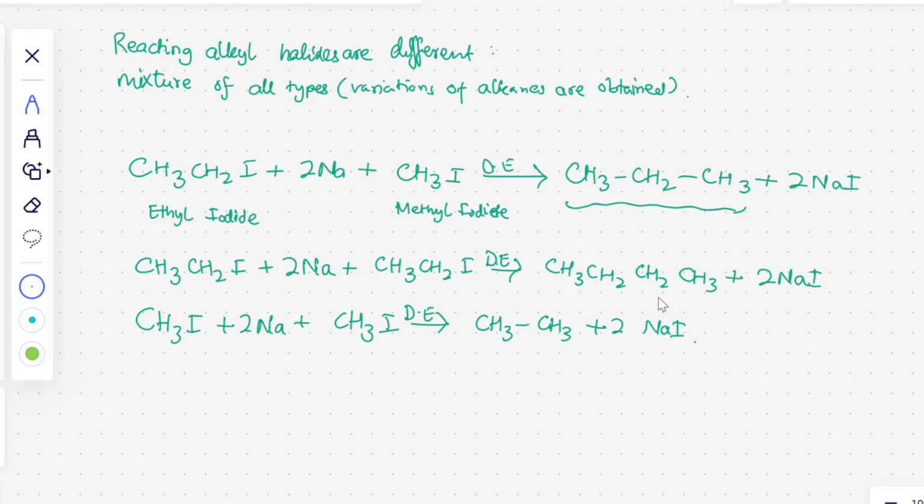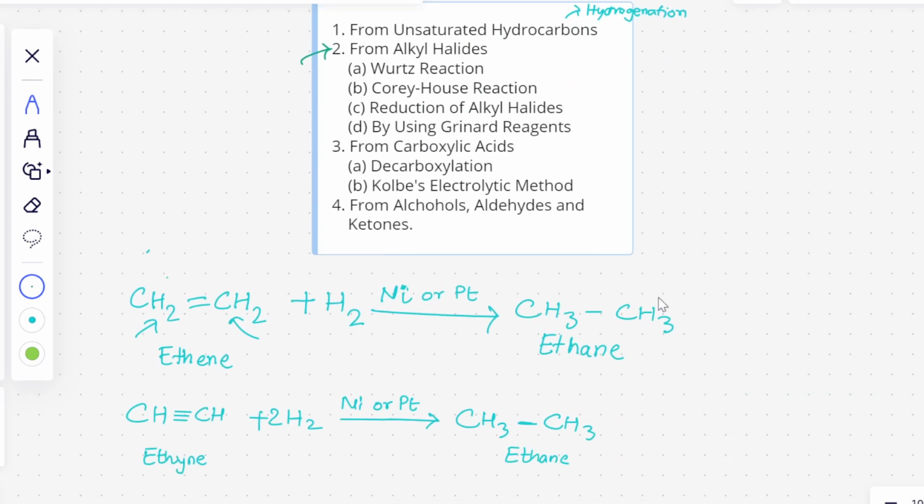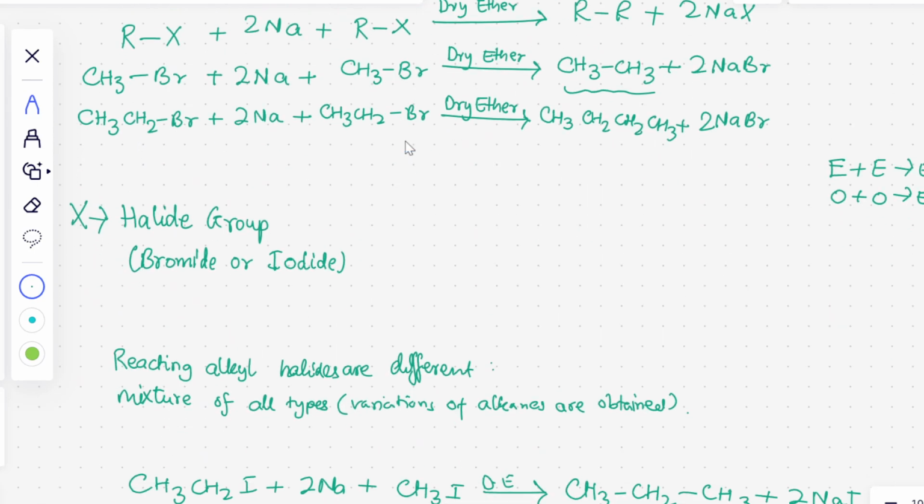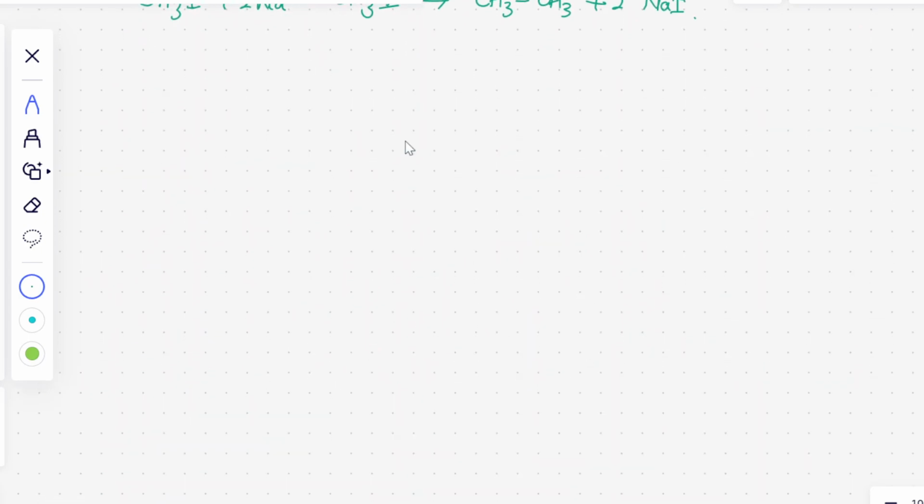So we now need a method that would help us to prepare our desired odd carbon atom having alkane. Therefore, we are going to proceed to Corey-House reaction, which solves exactly our problem.